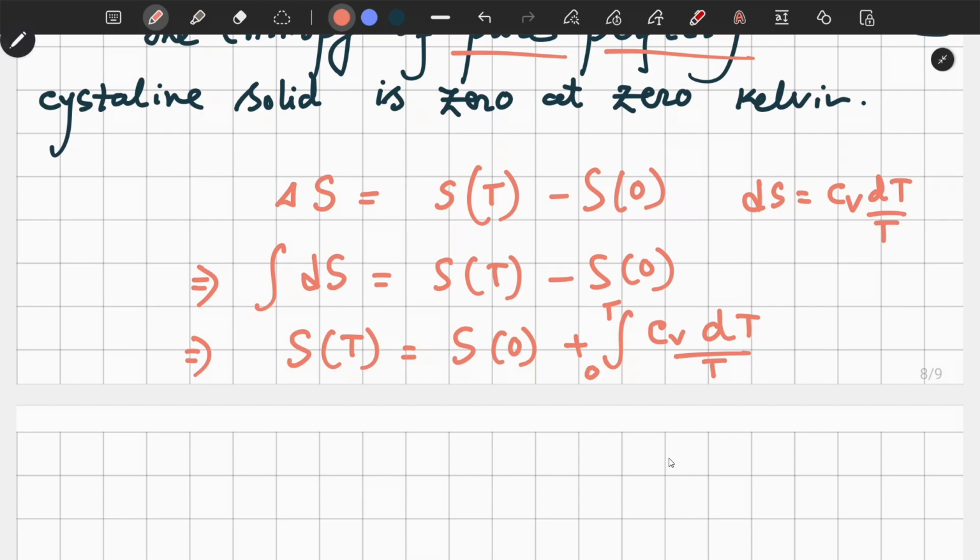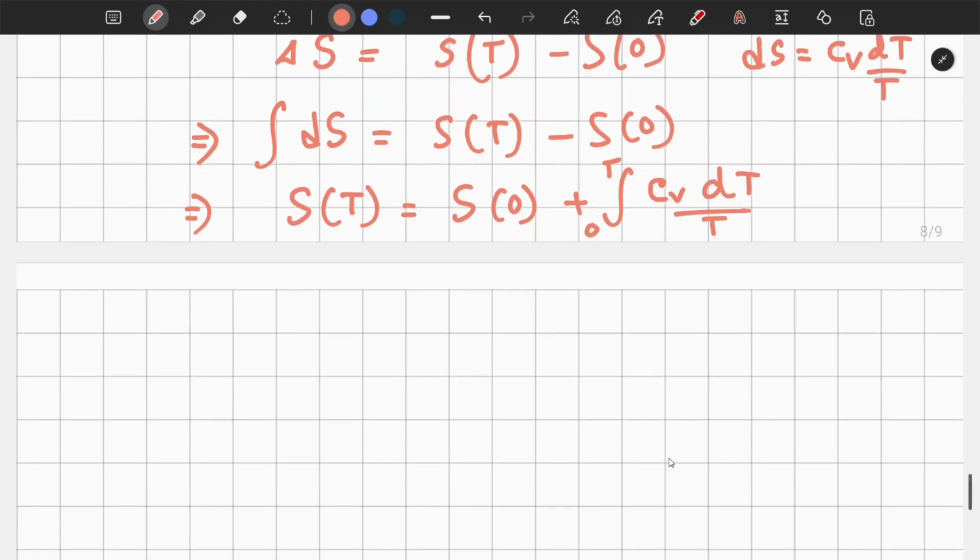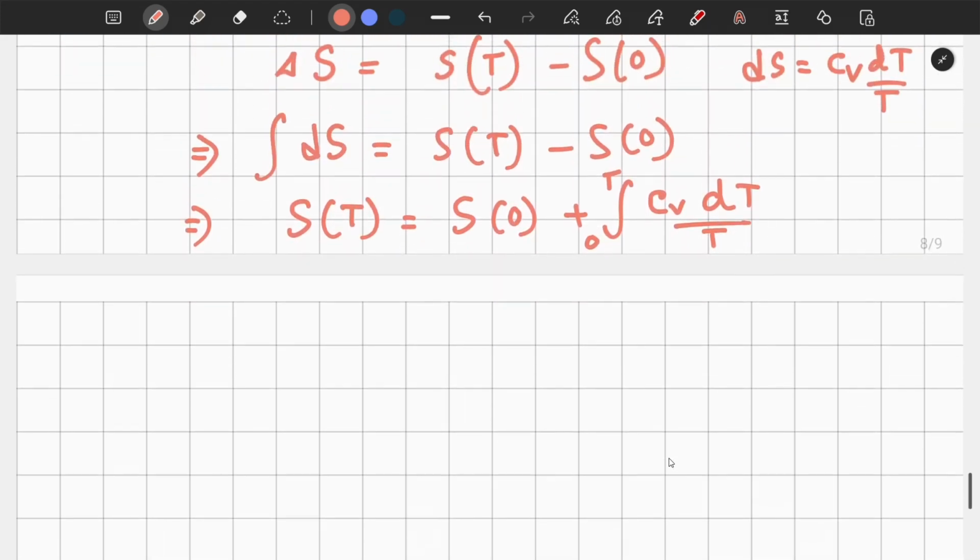Okay. You should not memorize this formula, you can derive it. S0 is 0 if it is a pure and perfectly crystalline solid.